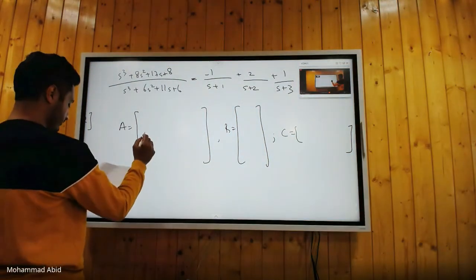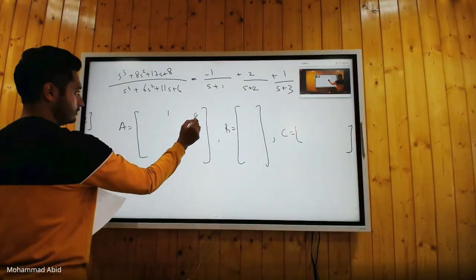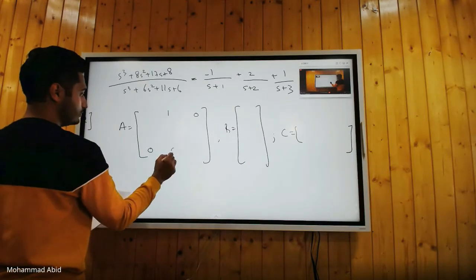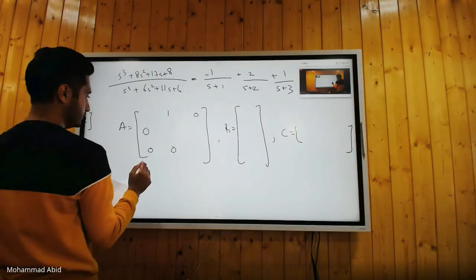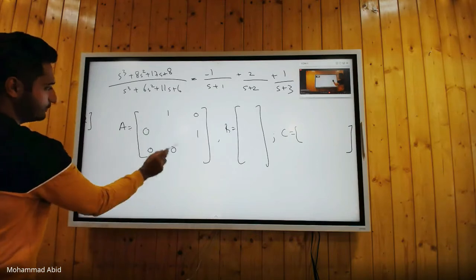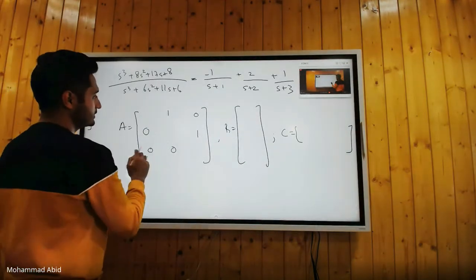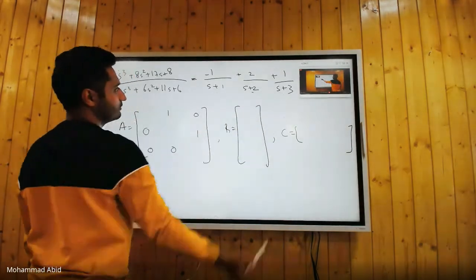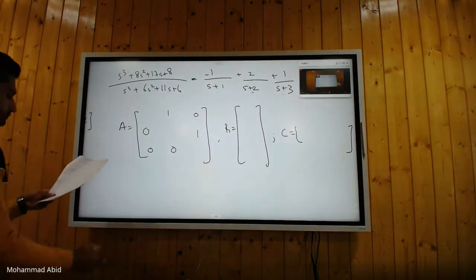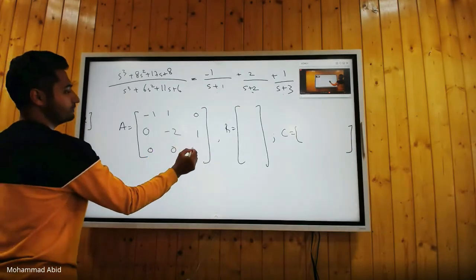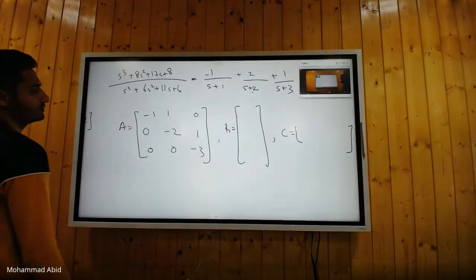In Jordan's form, you know this will be 1, 0, and here 0, 0, 0, and here 1. So you just have to fill the diagonal entries. This is a base matrix. Diagonal entries are just the poles: minus 1, minus 2, minus 3, written with negative sign.